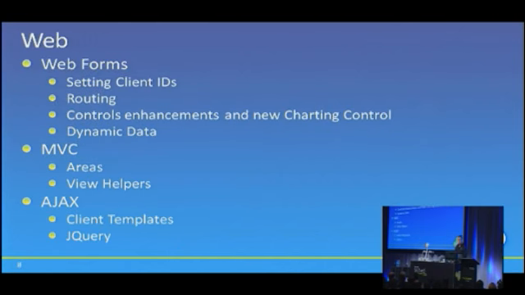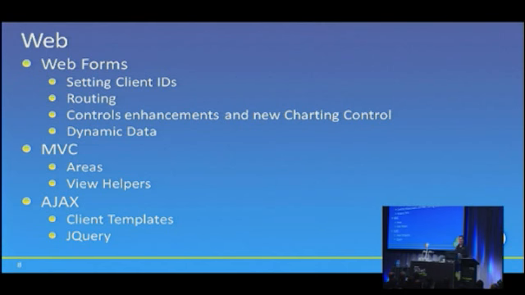Okay, so let's dive into some of those features and some of the new things that have come out with .NET version 4. With Web Forms, how many people here are Web Forms developers? Okay, how many people have had problems with their client IDs becoming quite messy? Okay, cool. Microsoft has started allowing more control over those client IDs. We have the routing module that's been brought in from MVC, and yes, I do pronounce it "routing" and not "rooting". Okay, you can giggle away, that's fine.